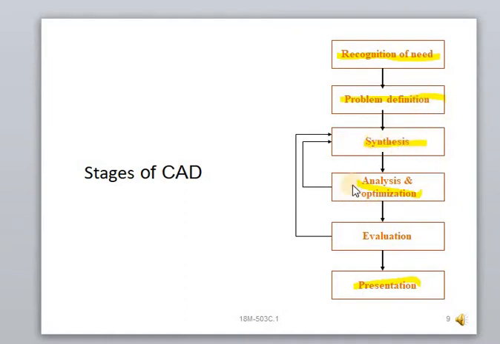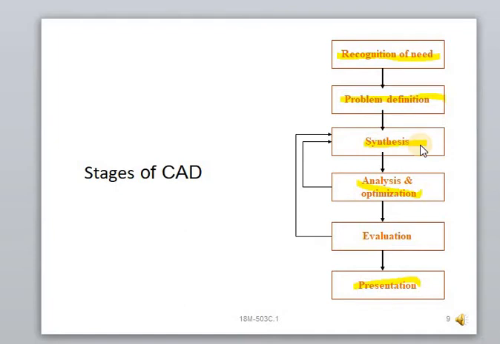Synthesis and analysis. These are closely related and highly iterative in the design process. A certain component or subsystem of the overall system is conceptualized by the designer, subjected to analysis, improved through this analysis procedure, and redesigned.